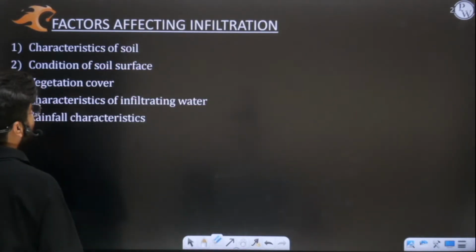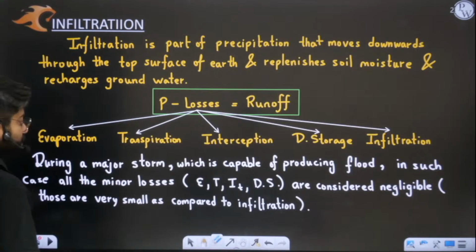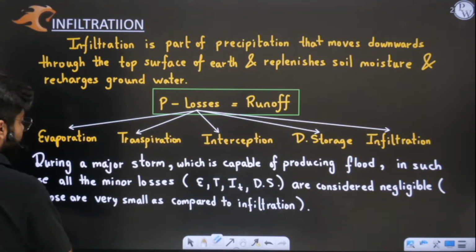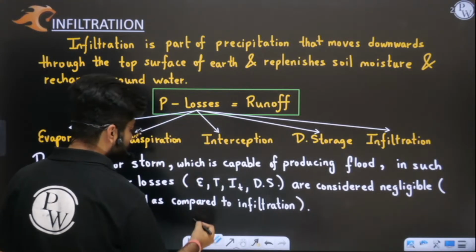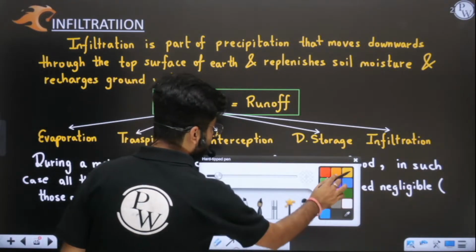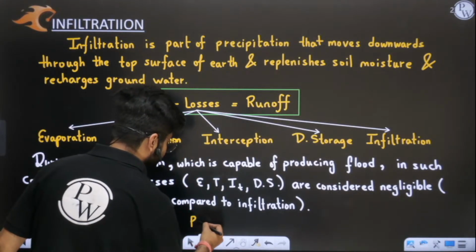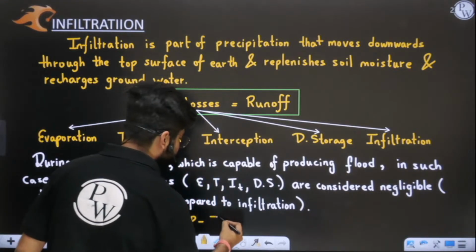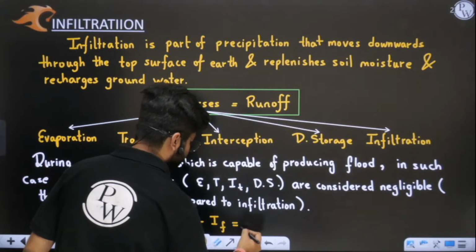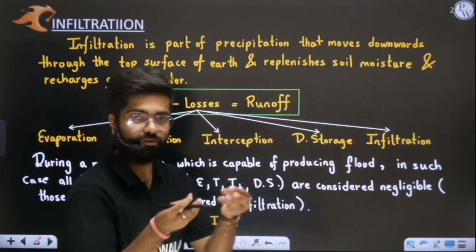Now, one more thing. We are interested in the factors. So now this equation will be reduced to, I will write the equation here. What I was telling here is, yes, precipitation minus losses, and the losses are now infiltration only for smaller durations.